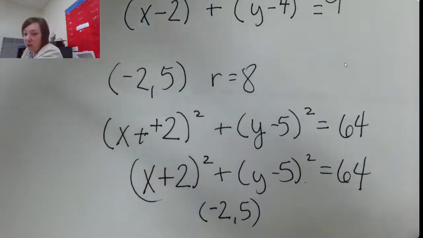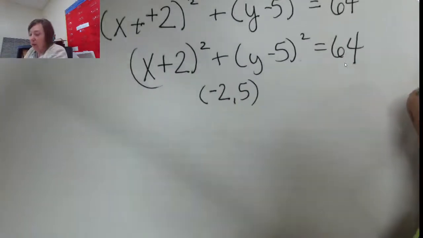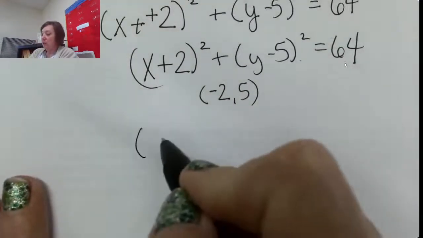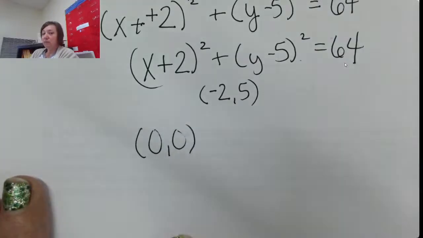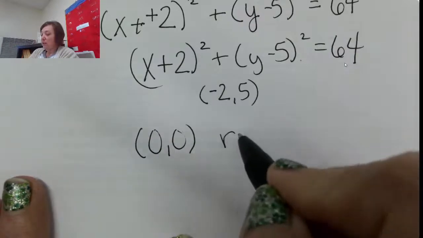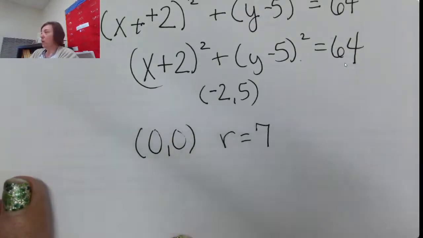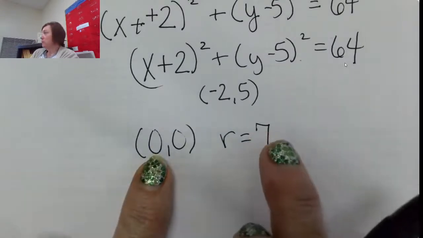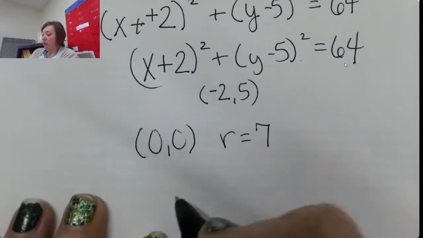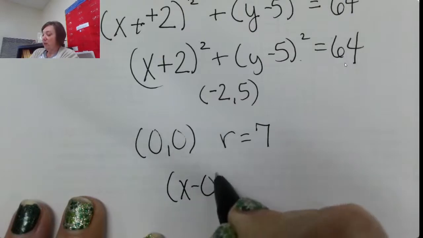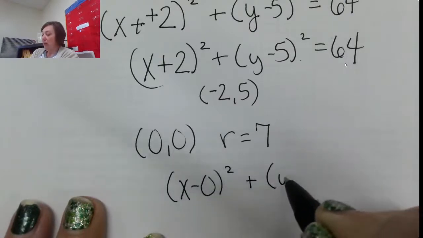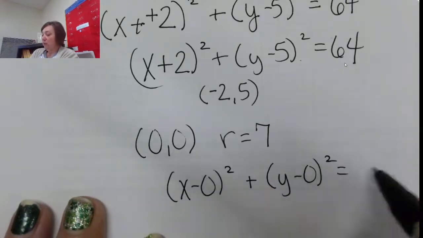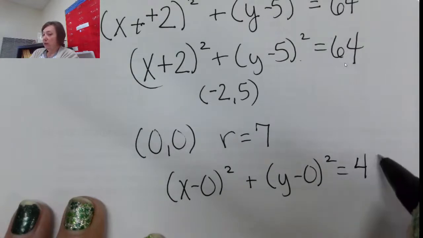Now, let's say you have that the center is the origin, right? And your radius is, I heard somebody say 7 a while ago, so we'll pick 7. So this is your center, this is your radius. So if we put x minus 0, and y minus 0, and then this would be 49.